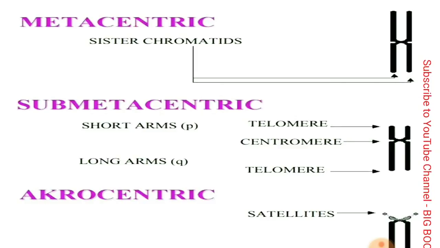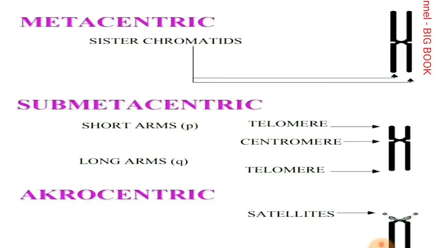Metacentric means the centromere is placed in the center of the chromosome, giving the P arm and Q arm the same size, approximately. In a submetacentric chromosome, the Q arm is longer compared to the P arm, and sometimes you can observe telomeres in submetacentric chromosomes also.